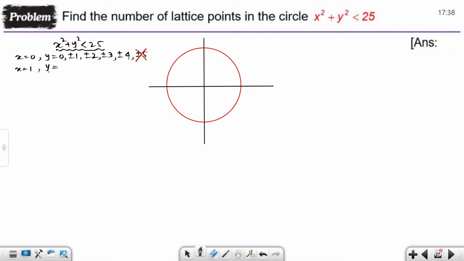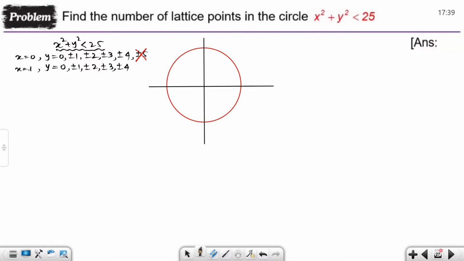So y can be taken as 0, plus minus 1, plus minus 2, plus minus 3, plus minus 4 again. Right? Other than these values, you cannot find any lattice points where x is 1 and y is some other value.